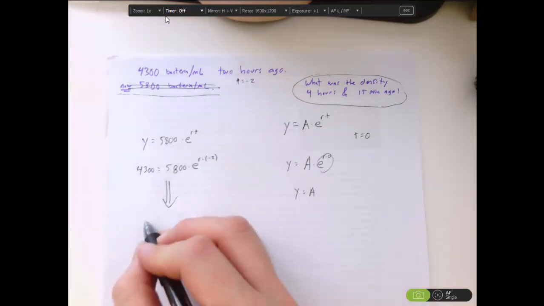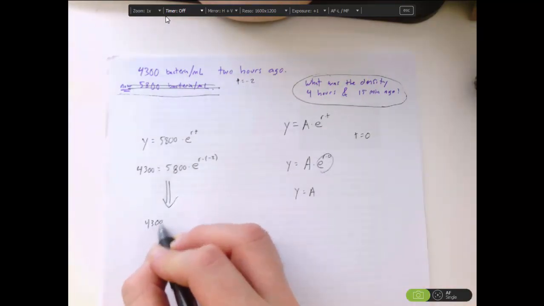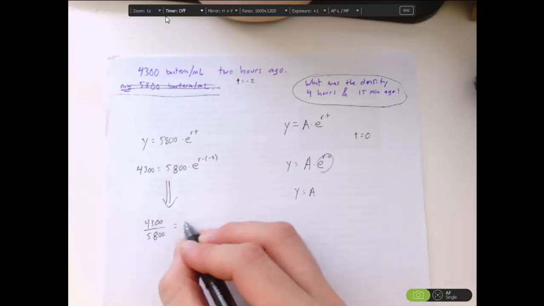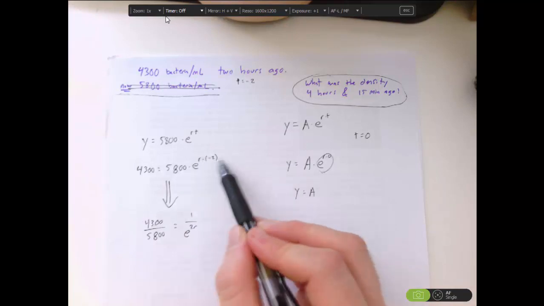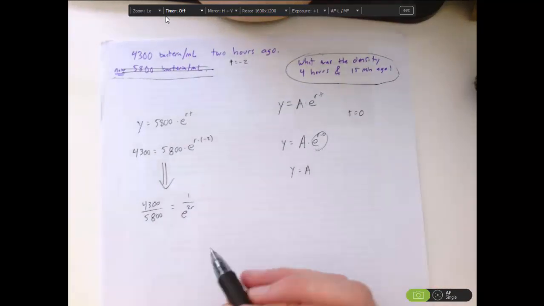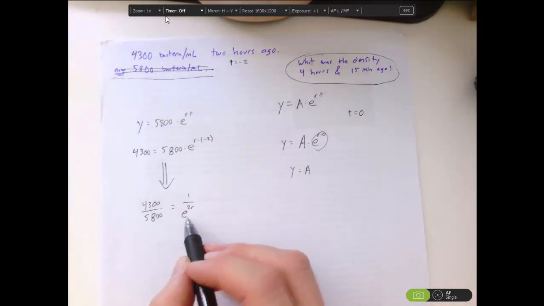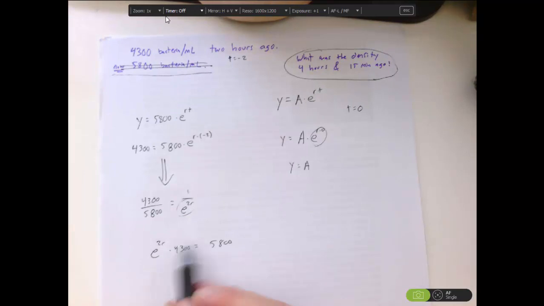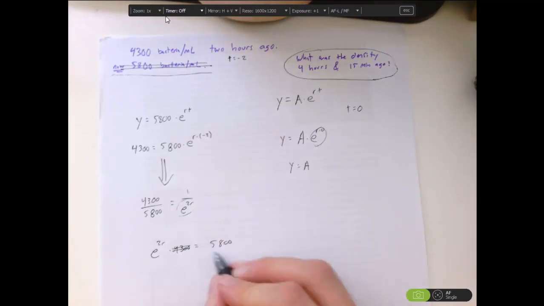All right, I can solve this equation for R now. Let's go ahead and do it. So I've got 4,300 over 5,800. This is 1 over e to the 2r, because remember this was a negative exponent, which is the same thing as 1 over the positive version of the exponent. I'm going to go ahead and multiply by both denominators. I'll divide through by 4,300.